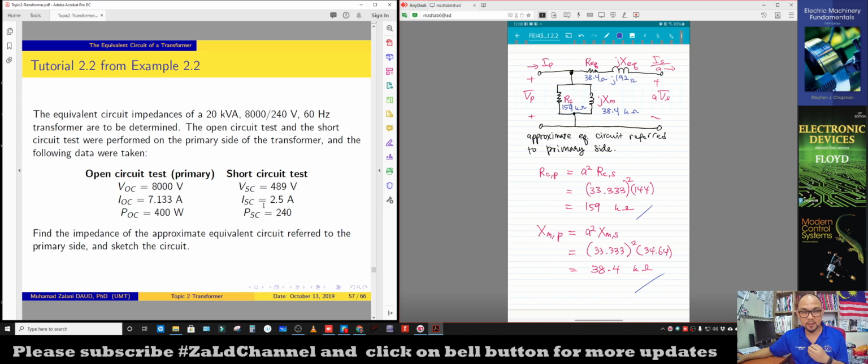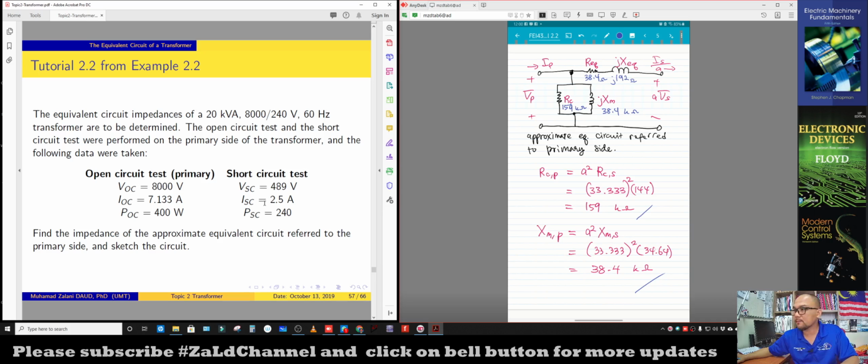Then we can draw our equivalent circuit referred to the primary side, which is the high voltage side, using the turns ratio. Then we got all of the values and represent them in terms of the equivalent circuit.